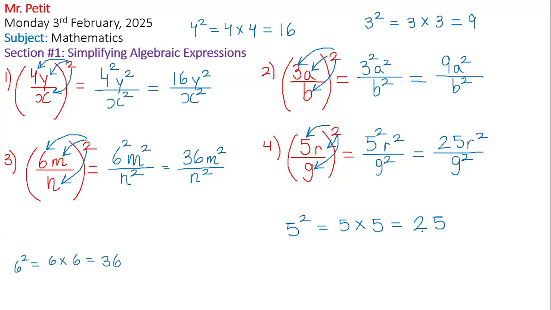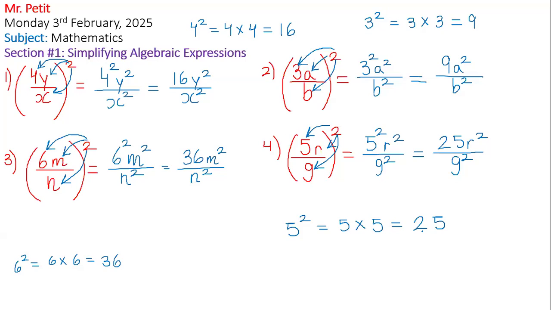Jasmine, Rose, you do not understand how we got this? Sir, I don't understand it. Okay. All we did was, you see the 2 on the outside, right? We took the 2 and applied it to each term.